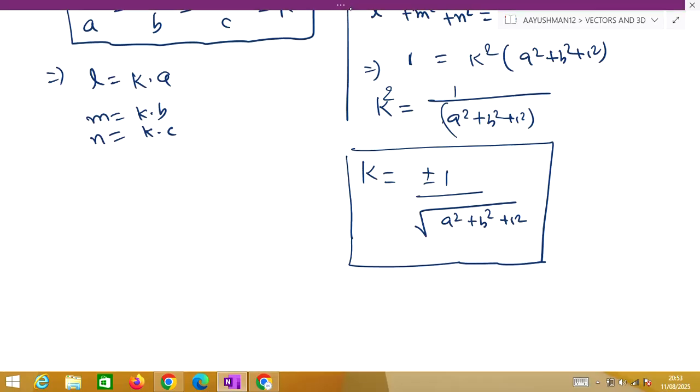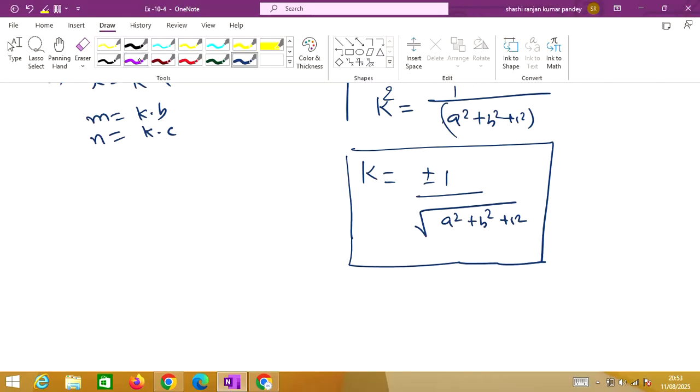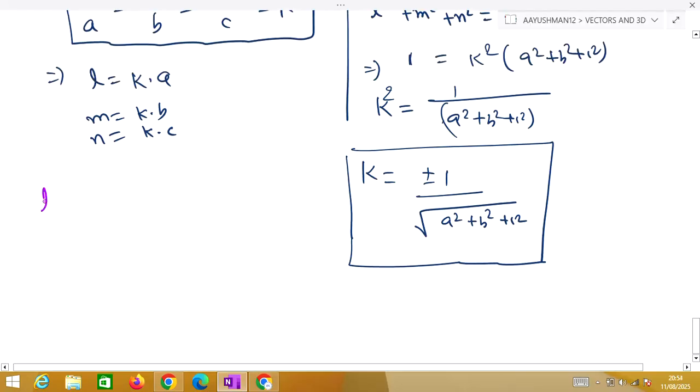And once we got the value of K, we can write the value of LMN, because L we have K into A, K we got as this one, so it will be plus minus A divided by root under A square plus B square plus C square.